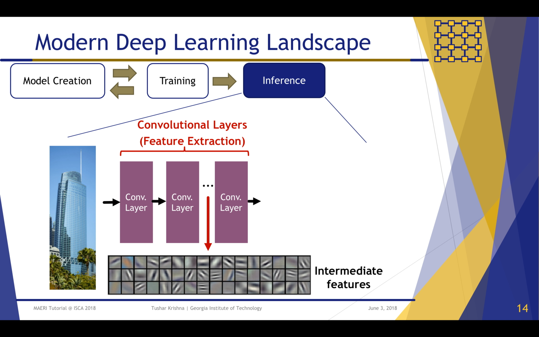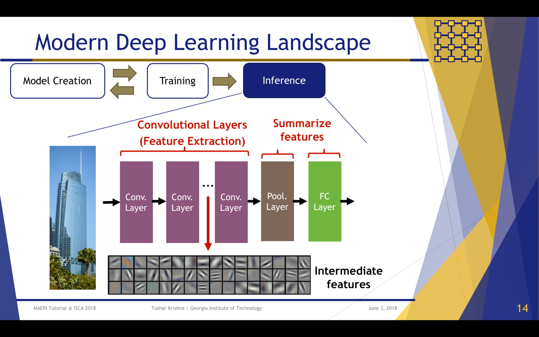Once you've extracted features, you send them through some more layers to summarize these features. And finally, if it's a very accurate DNN, it will be able to identify this as the Intercontinental Hotel in which we are right now, right? So this is essentially the idea of this whole flow.